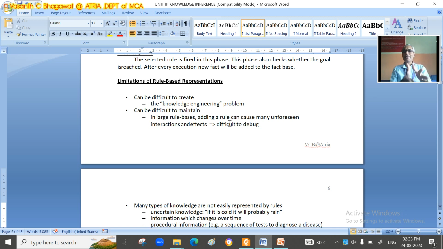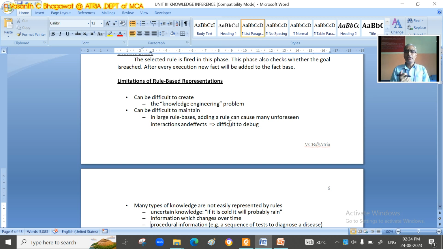When you say I need a production system, I need to have some rules depending upon the problem. Like when you are talking about chess, how many rules are you going to write for chess? So many rules come. As the problem grows, the complexity increases, and it is very difficult for us to create the rules. So the problem of knowledge engineering comes into the picture.